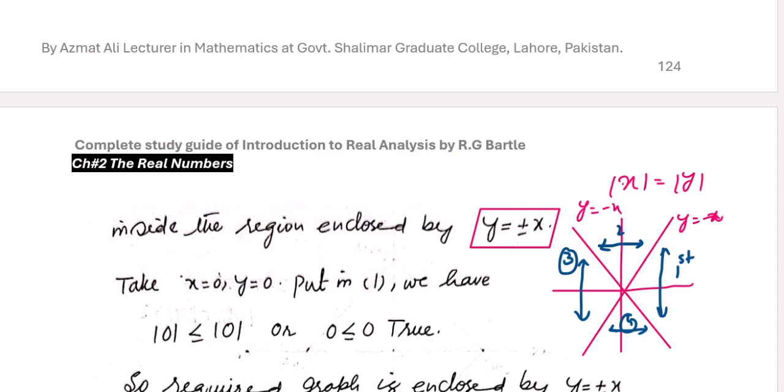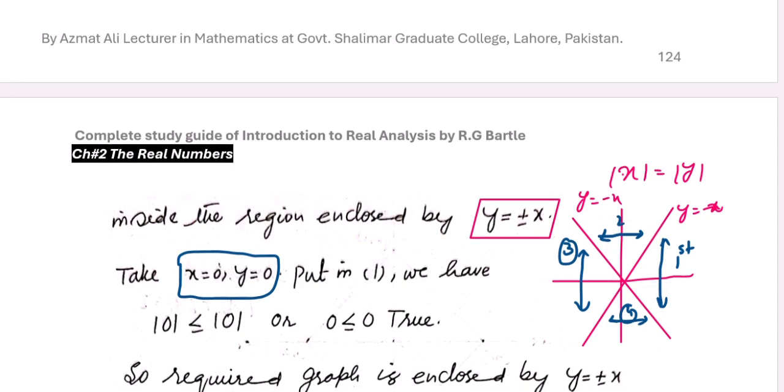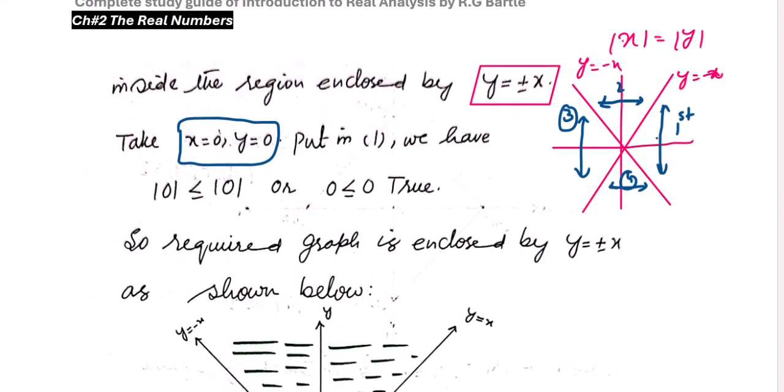Here I have just taken the point 0, 0. I think this is not sufficient to justify the graph of this region. Suppose you take a point from the first region. If I ask where is point 1, 1, clearly you will say this is point 1, 1. Now if I say where is point 2, 1, suppose this is my x is equal to 1 and this is my x is equal to 2.